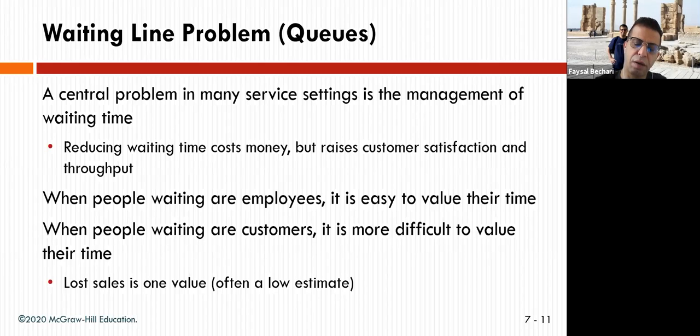But at the same time, if you're not providing service on time, that will probably make you lose sales. So reducing waiting time costs money, but raises customer satisfaction and generates more sales. So it is two things that you need to balance.